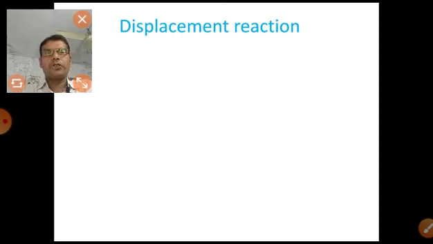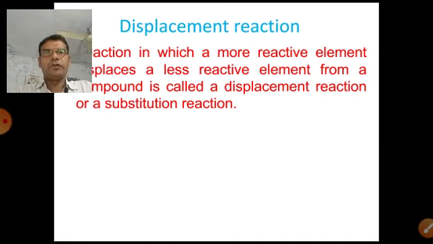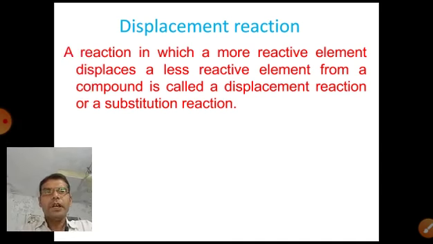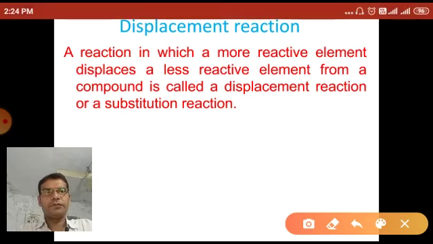The displacement reactions. First, what is a displacement reaction? The definition of a displacement reaction is a reaction in which a more reactive element displaces a less reactive element from a compound; it is called a displacement or a substitution reaction.